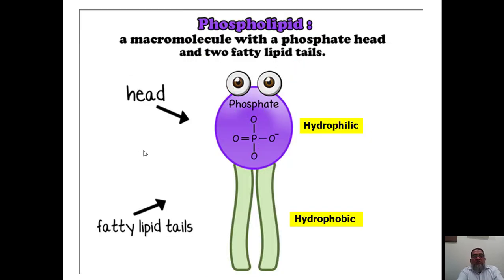Now this is a hypothetical diagram of a phospholipid macromolecule with a phosphate head and two fatty acid tails. This is the phosphate head, PO4 with a negative charge, and these are the two fatty acids, called tails. These tails are highly hydrophobic.